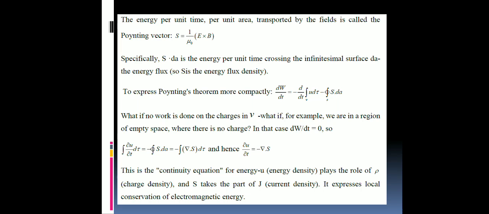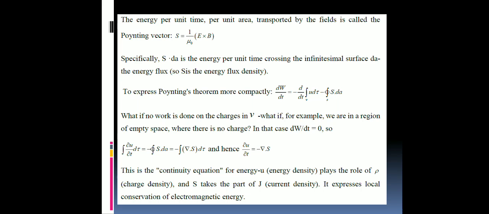The energy per unit time per unit area transported by the fields is called the Poynting vector, denoted by S, equal to 1 by mu naught E cross B. Especially S dot dA is the energy per unit time across the infinitesimal surface dA.